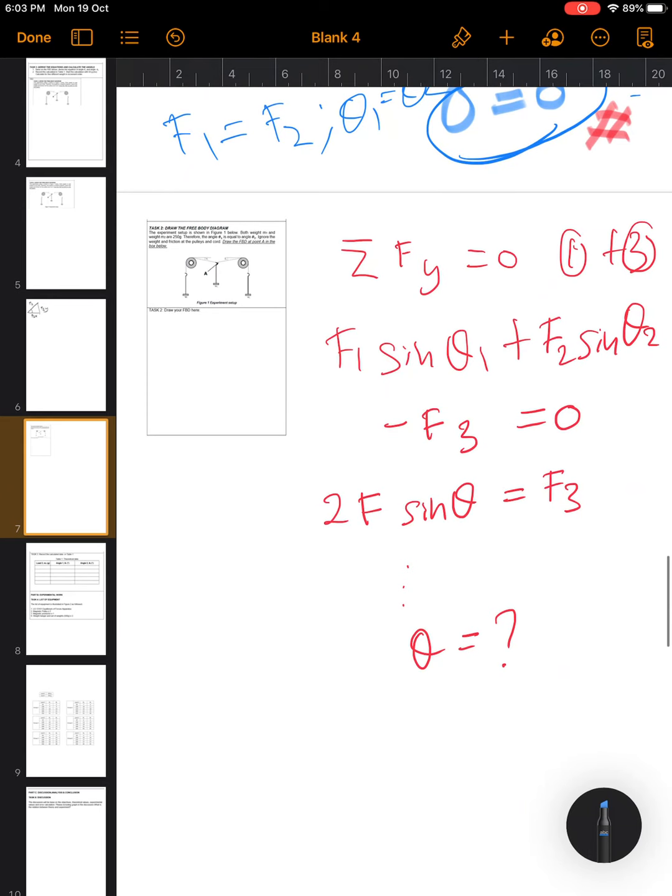Based on this diagram, the y-axis has 3 forces. The first one is F1, then F2 and F3. Okay, so we use F1 sin theta 1 plus F2 sin theta 2 minus F3.